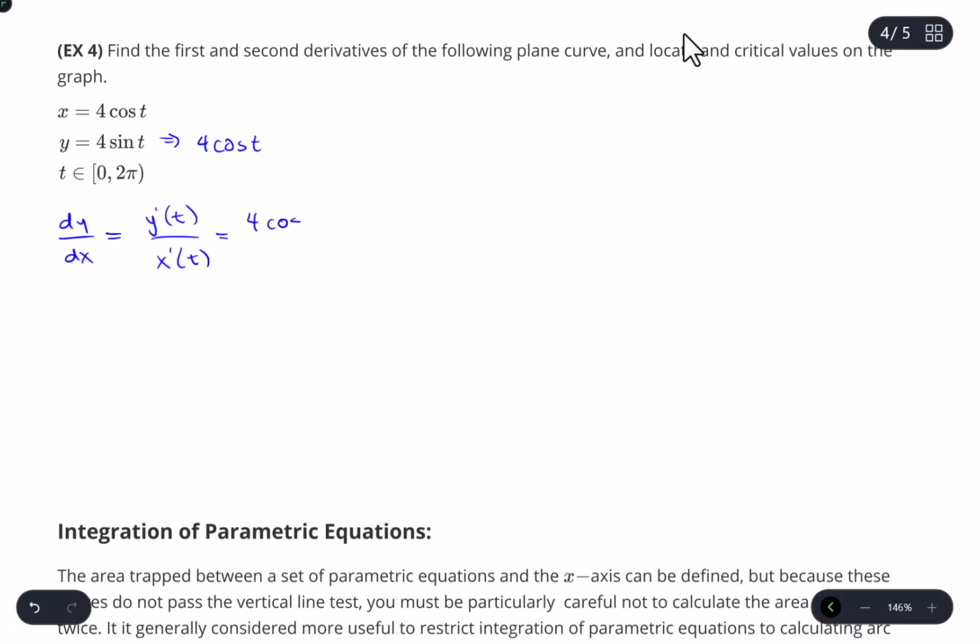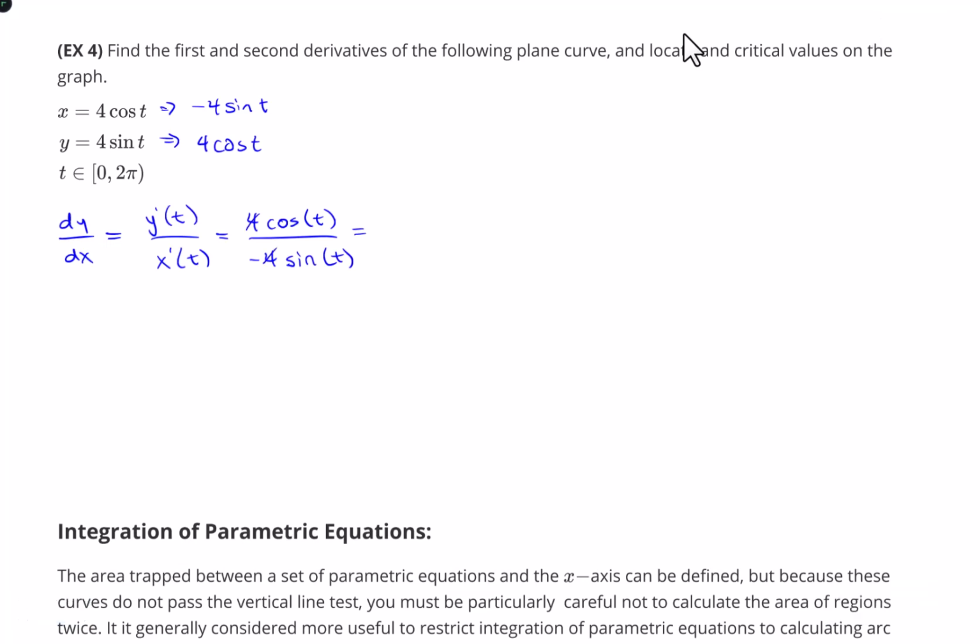So that's the numerator. The denominator, the derivative of 4 cosine t is negative 4 sine t. So negative 4 sine t. The 4's cancel. There's still a negative, and cosine over sine can be simplified to negative cotangent. Okay?